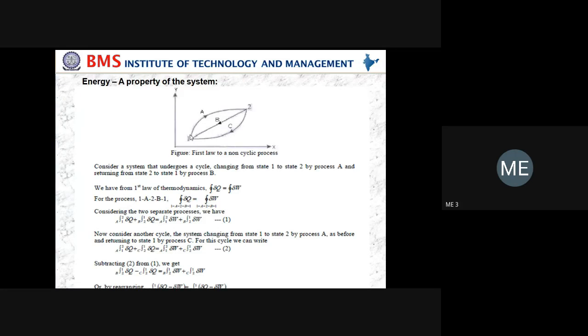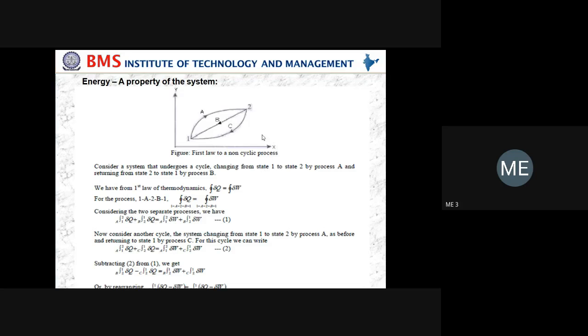So the thermodynamic process starts from initial state point 1, reaches state point 2 by following path A, and returns from state point 2 to state point 1 by following path B, and also by following path C. So you have to draw this diagram whenever they ask, prove that internal energy is a property of the system.